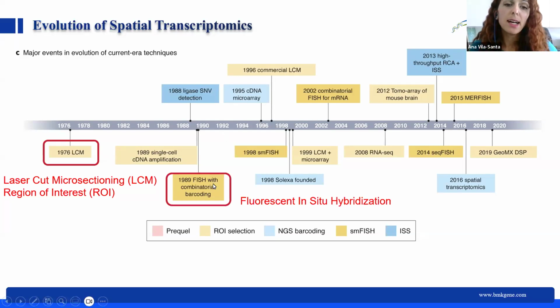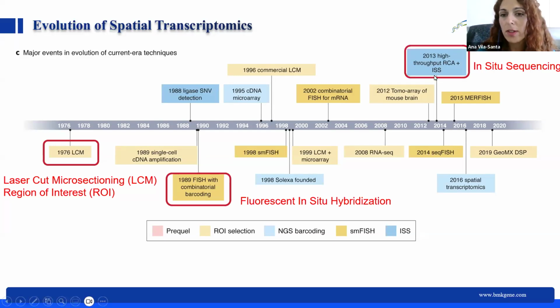Then this other technique called fluorescent in situ hybridization was developed. The idea behind this was using probes that hybridize to the targeted gene transcripts, producing a fluorescent output, which can then be read out. But this was only possible by using targeted genes. Then in 2013, this new technology called in situ sequencing was also developed.